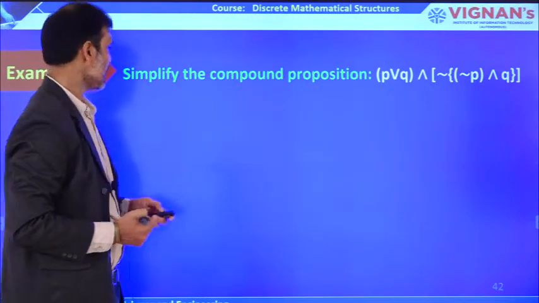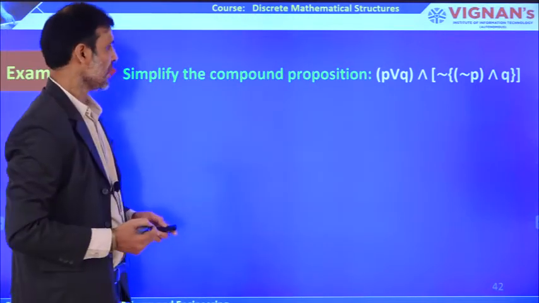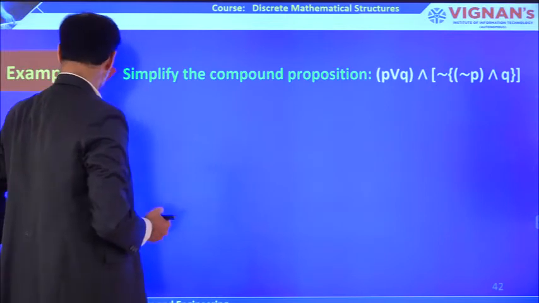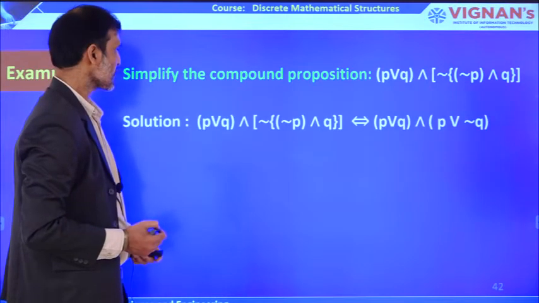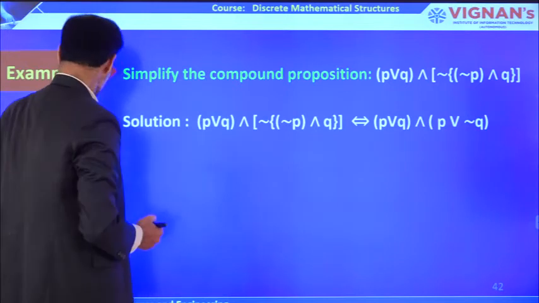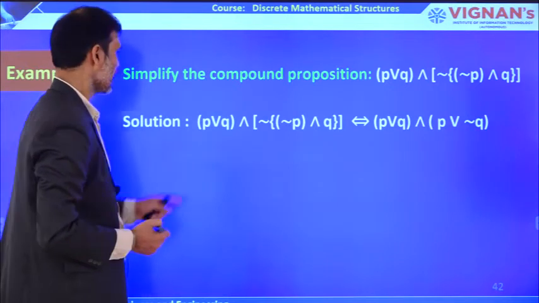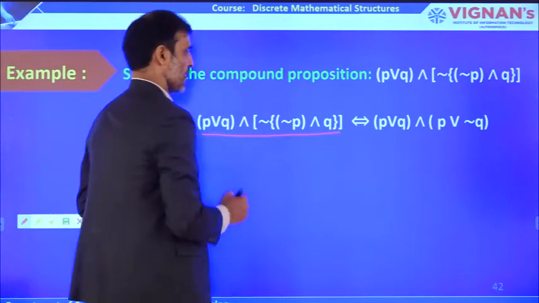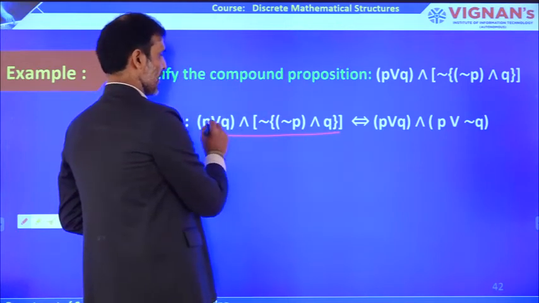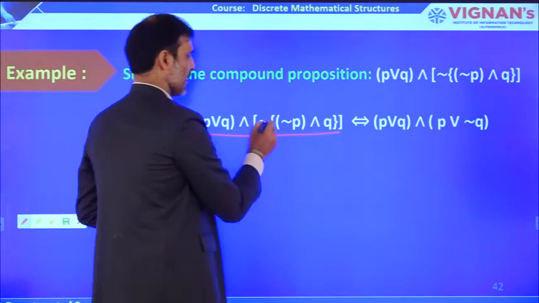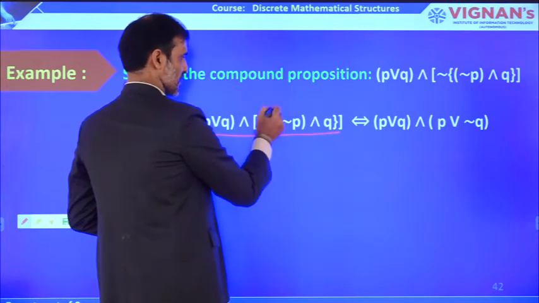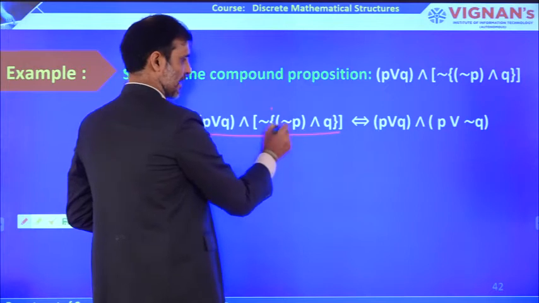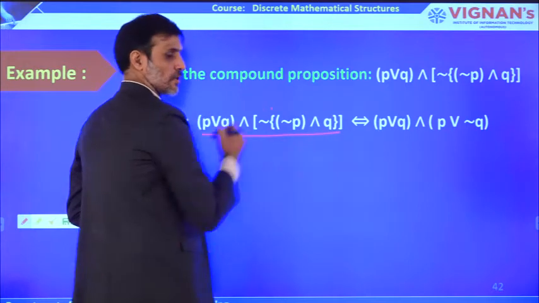So here, you just go through the solution. This is the given compound proposition. I am taking P or Q and applying negation. See here, the negation is given to the entire braces.